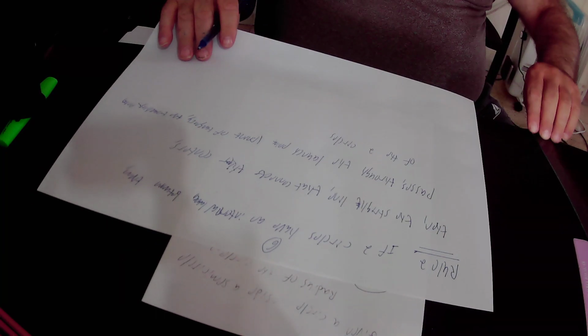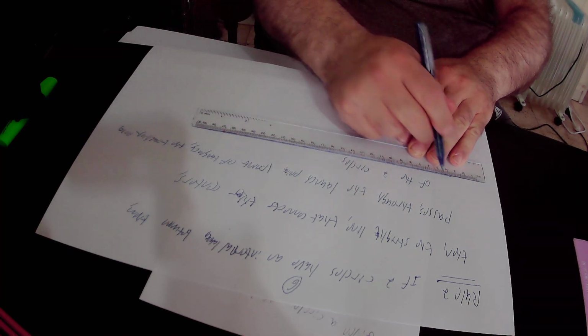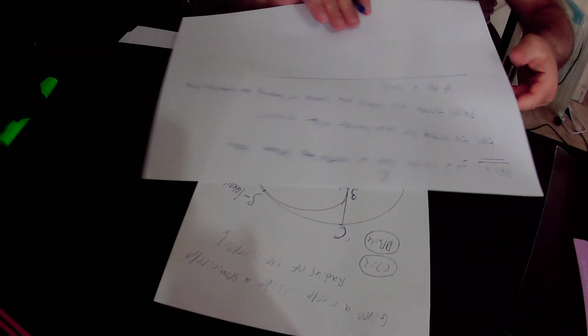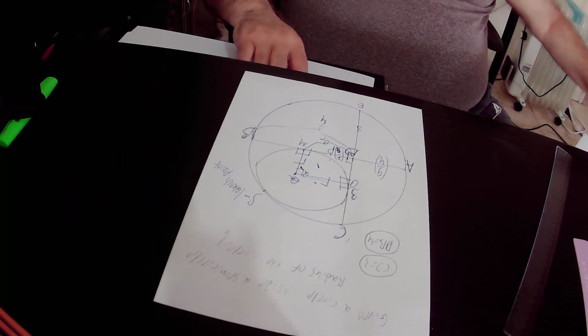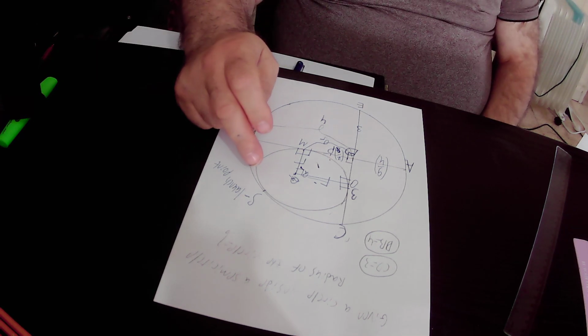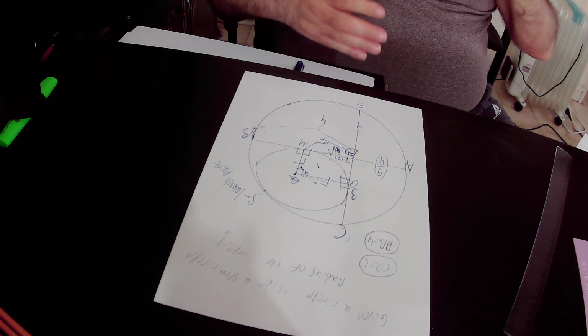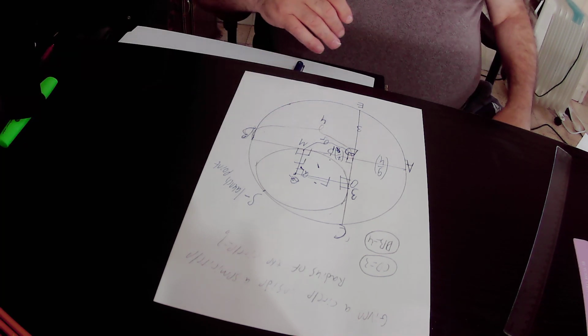So here, what is the meaning of rule number 2? The meaning of rule number 2 is that if we know that those two circles touch each other internally at point S, point S is the launch point between those two circles, the small circle and the big circle.